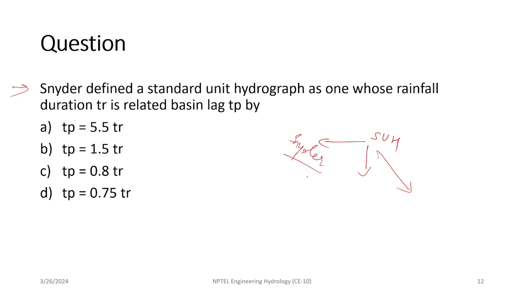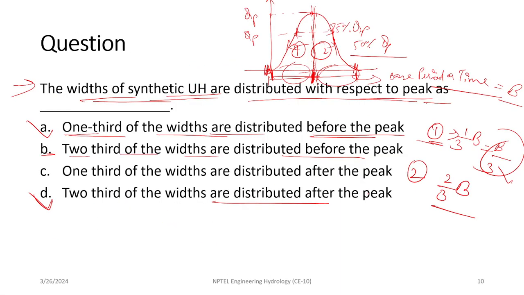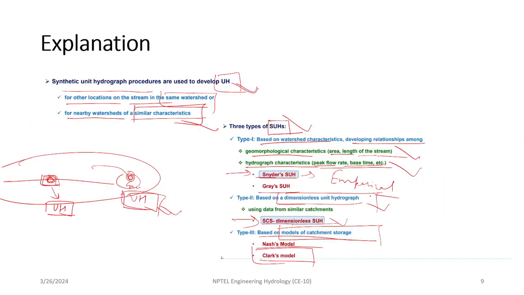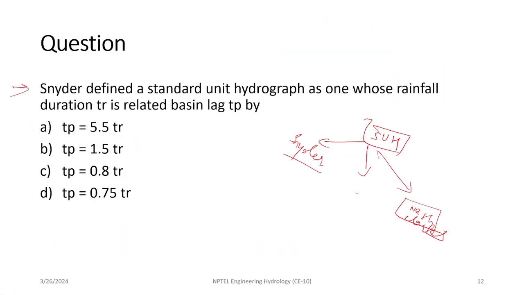Snyder gave us certain empirical equations in order to derive the synthetic unit hydrograph. Then there was model based prediction, that was the Nash model or Clark's method, right? And there was one more method that we have seen, the SCS dimensionless method. So the dimensionless method is also there.